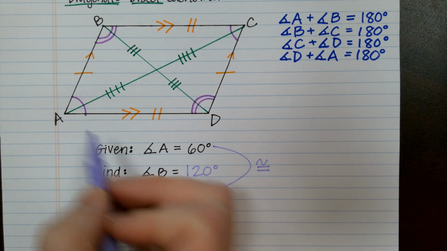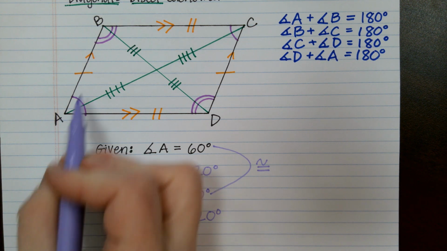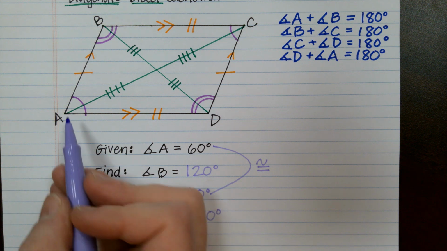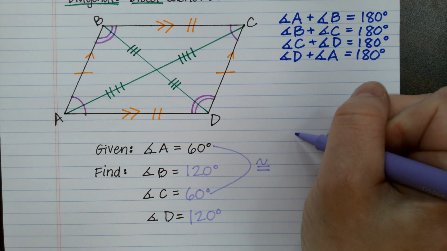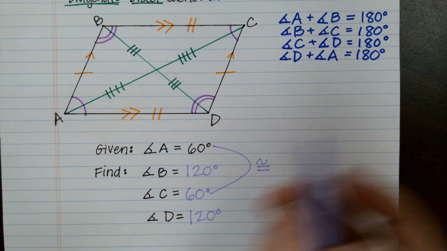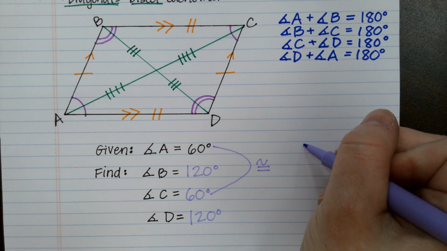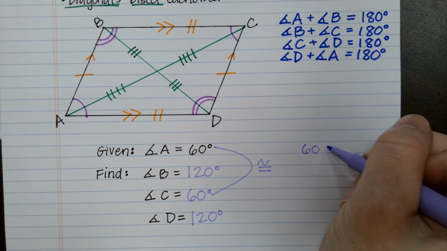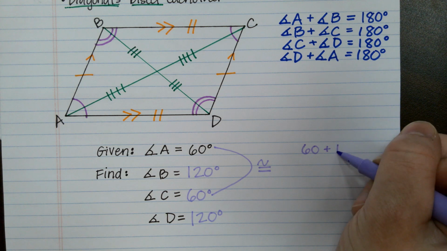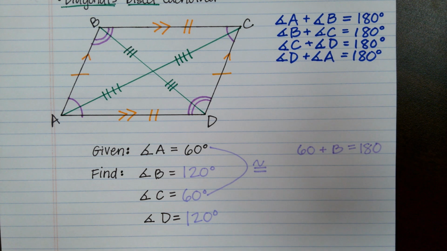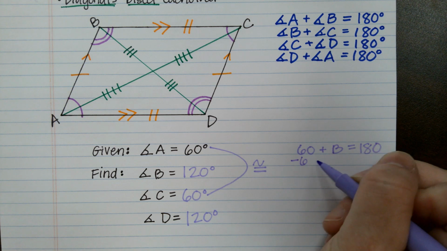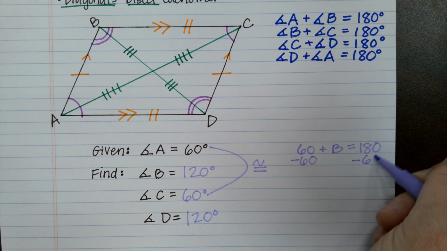I could do angle A plus angle B, or I can do angle A plus angle D equals 180 and plug in for A. So if A is 60, I could do 60 plus B equals 180. And we just solve, minus 60 on both sides.